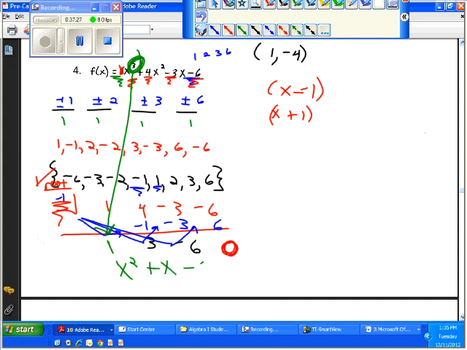So it's an x squared plus 3x minus 6. I lost my 3 there, sorry. So I have that first factor times what's left, x squared plus 3x minus 6.